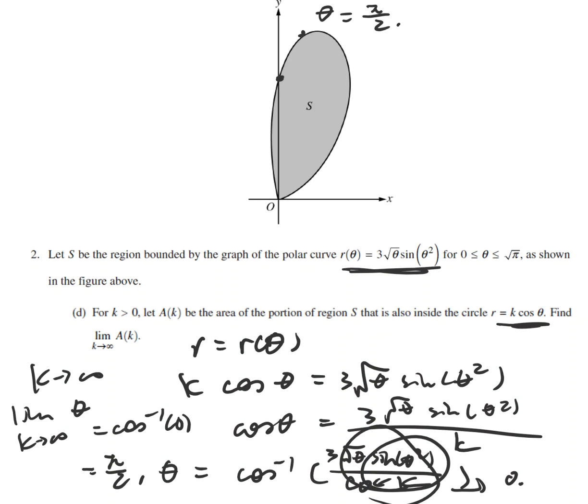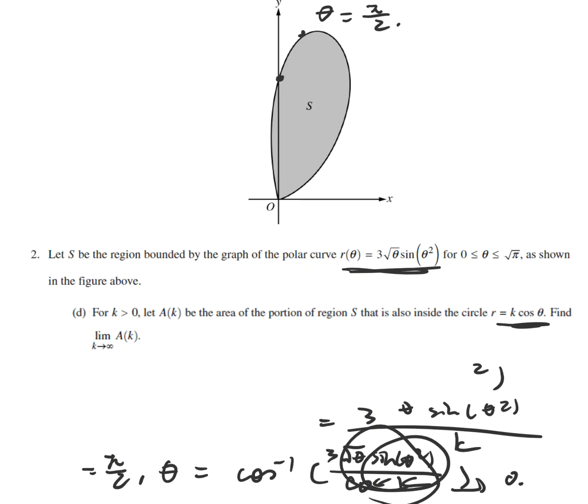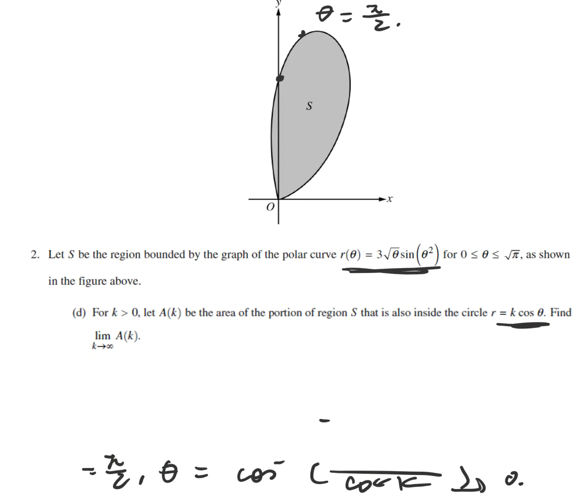So if we're trying to find A of k as k goes to infinity, we can simply say it is the area of S on the right side of the y-axis, which is from 0 to pi half.